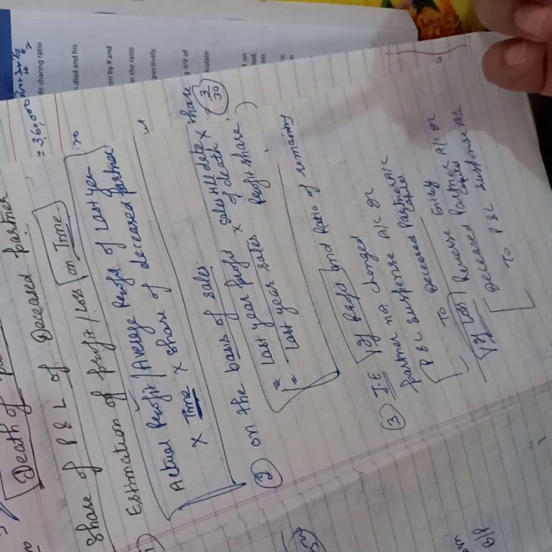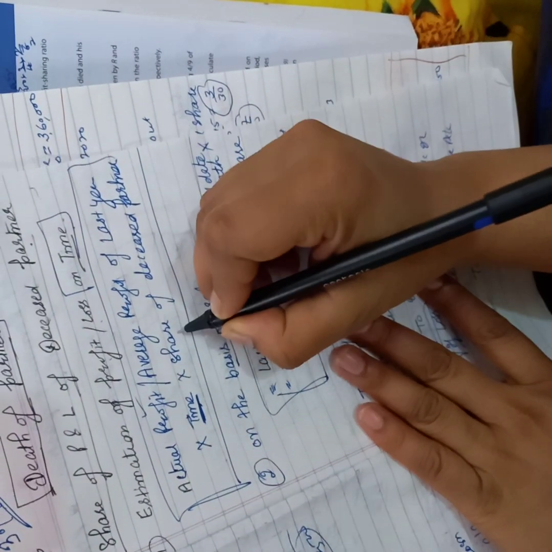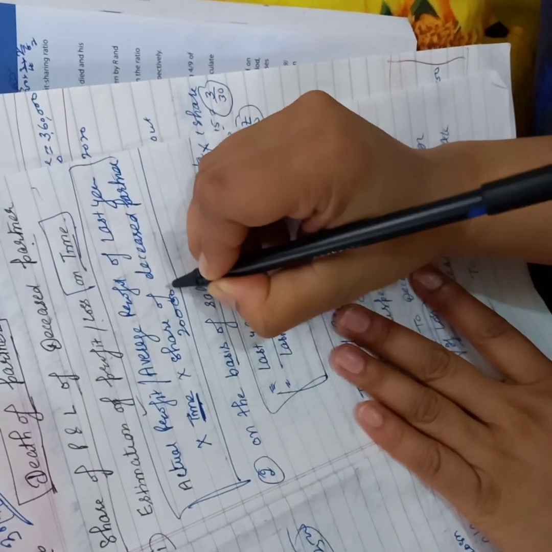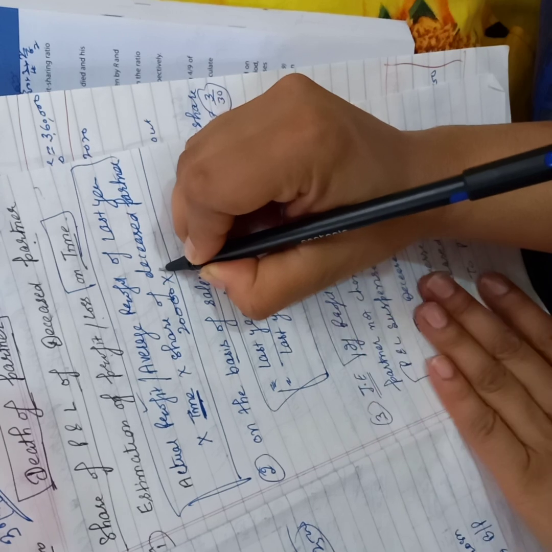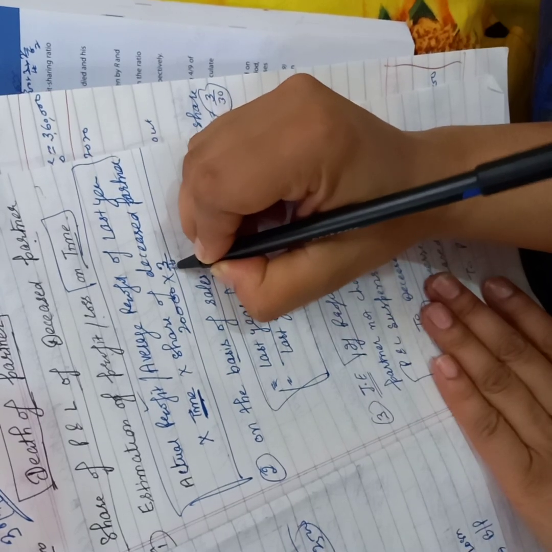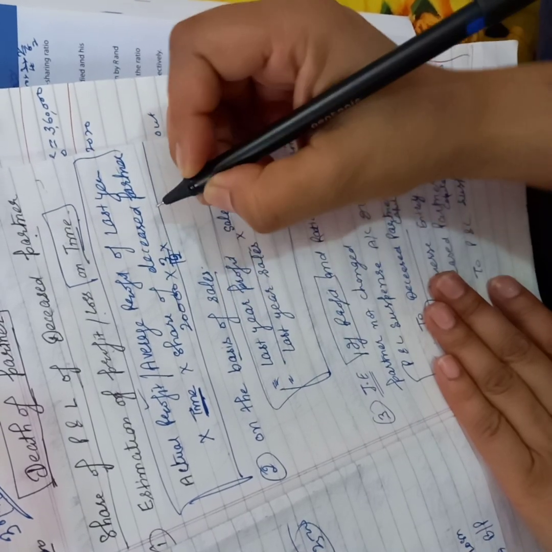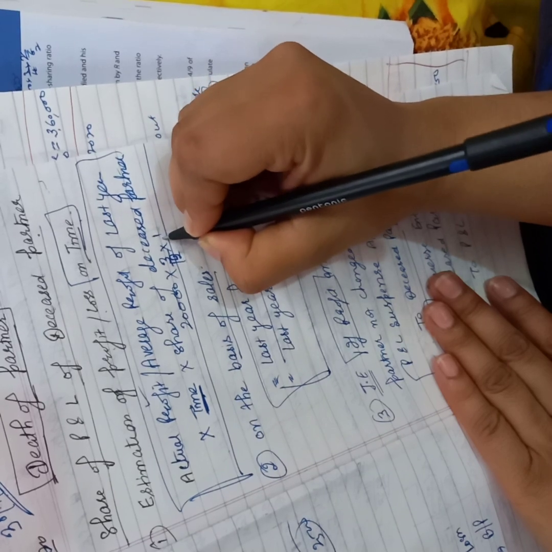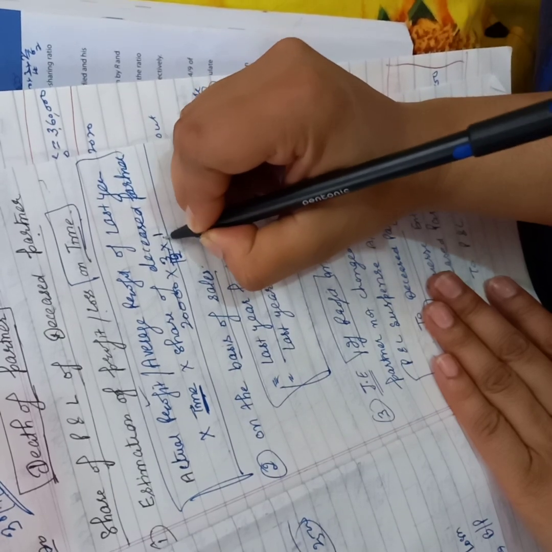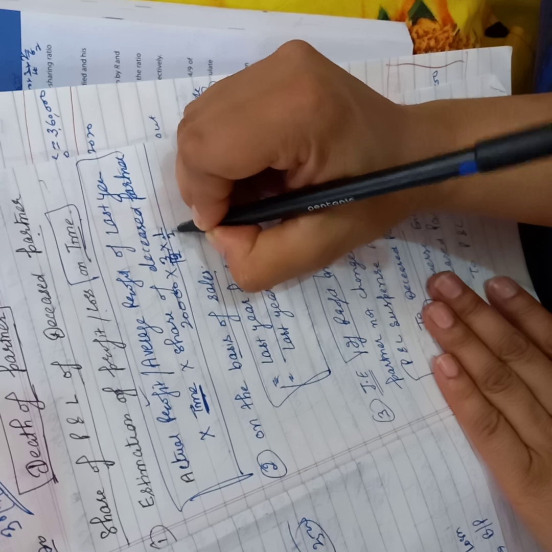For example, there is a profit of rupees 20,000 and the partner has expired after 3 months in the current year, and his share is 1 by 2.